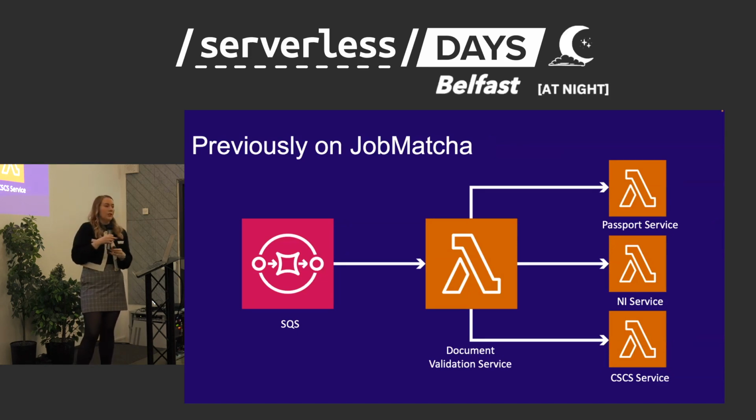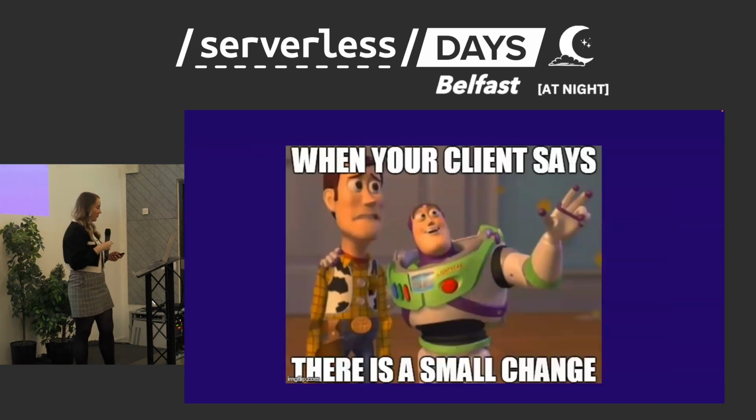Those individual document Lambdas contain different and specific AI checking services and rules specific to that individual document. The document validation service would then wait for those responses to come back and run continuity checks across them. It was pretty simple and it did work.